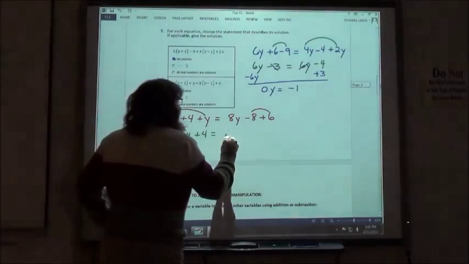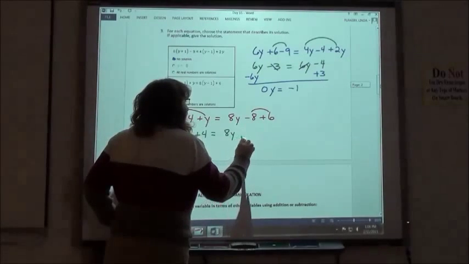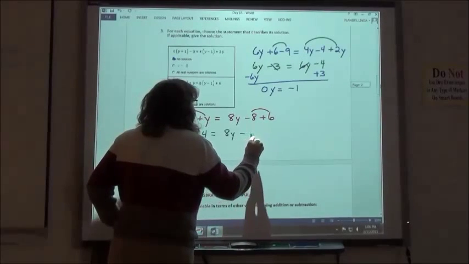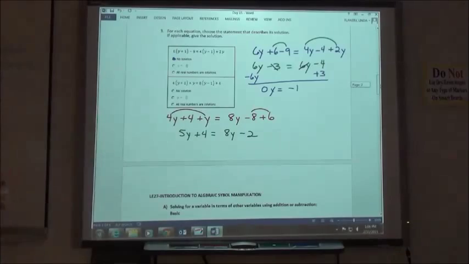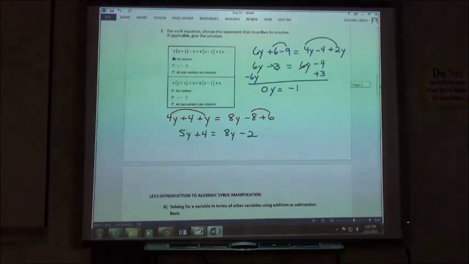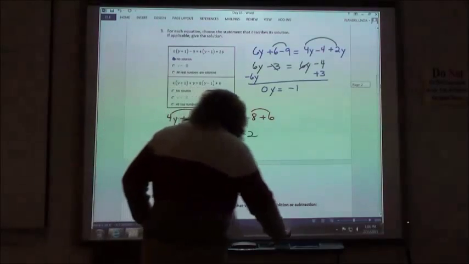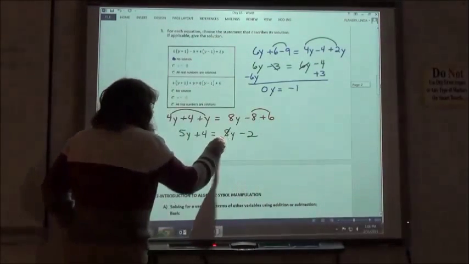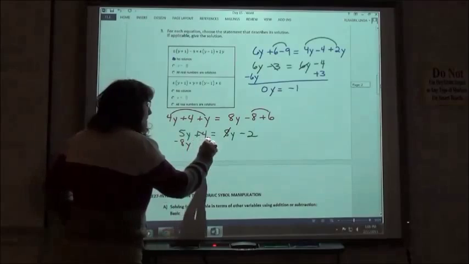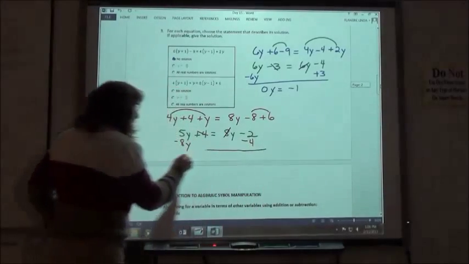equals negative 8 plus 6, which would be a negative 2, so 8y minus 2 then, right? And so solving that, drop down and make it a minus 8y. Drop this down, that is a negative 4.